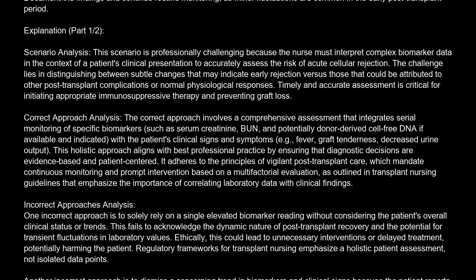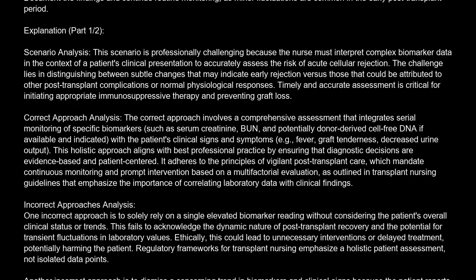Correct approach analysis. The correct approach involves a comprehensive assessment that integrates serial monitoring of specific biomarkers, such as serum creatinine, BUN, and potentially donor-derived cell-free DNA if available and indicated, with the patient's clinical signs and symptoms, e.g., fever, graft tenderness, decreased urine output.